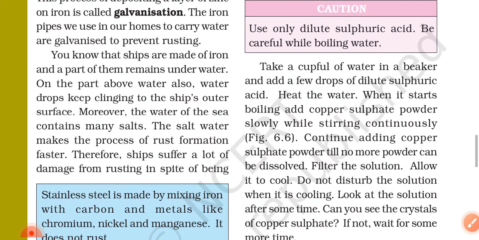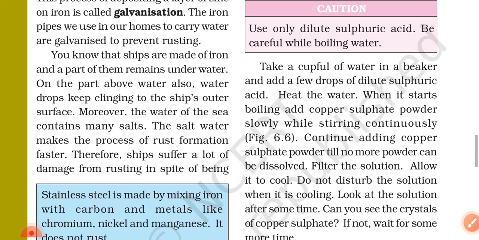You know that ships are made of iron and a part of them remains underwater. On the part above water, also, water drops keep clinging to the ship's outer surface. Moreover, the water of the sea contains many salts. The salt water makes the process of rust formation faster.